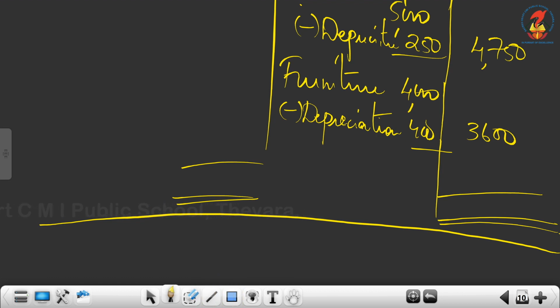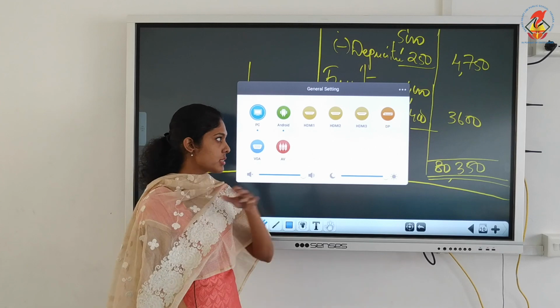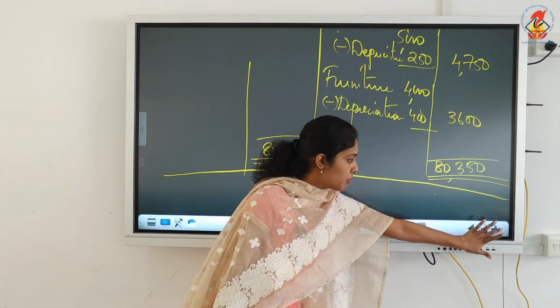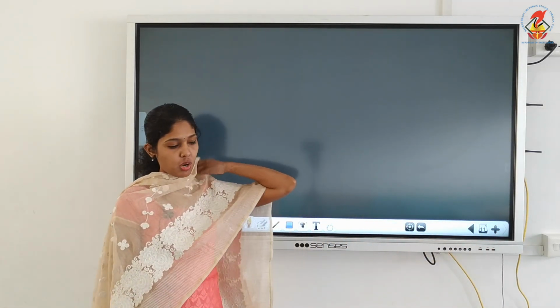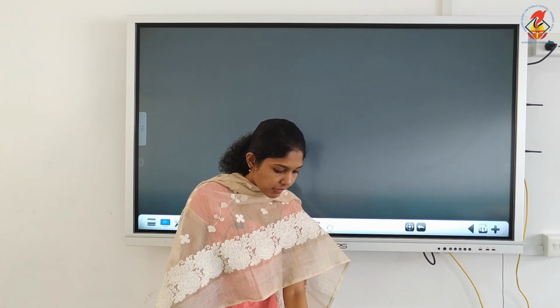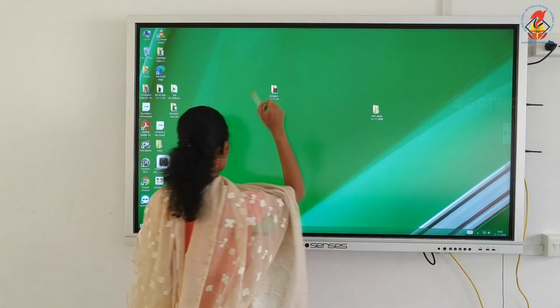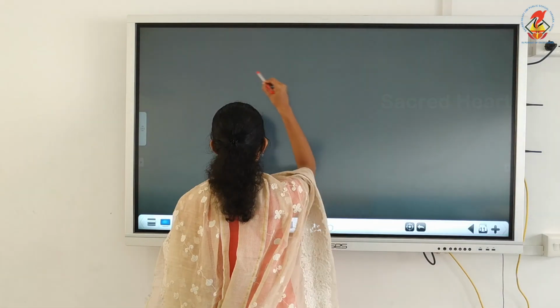So the total is 80,350. So now we got the closing capitals and opening capitals. So what we can compute now is the profit or loss, but here in this question they have asked you to prepare a statement. So we will do the statement of profit and loss.